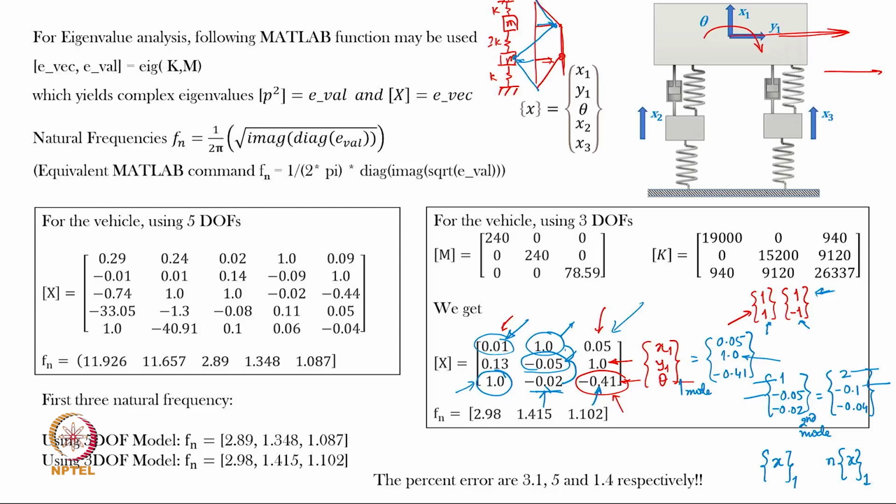So, when the whole vehicle body is vibrating at 1.102 hertz natural frequency, then the individual motions of all the degrees of freedom will maintain this relationship between them. That is what it actually means. So, mode shapes correspond to the natural vibratory motion happening at a particular natural frequency.